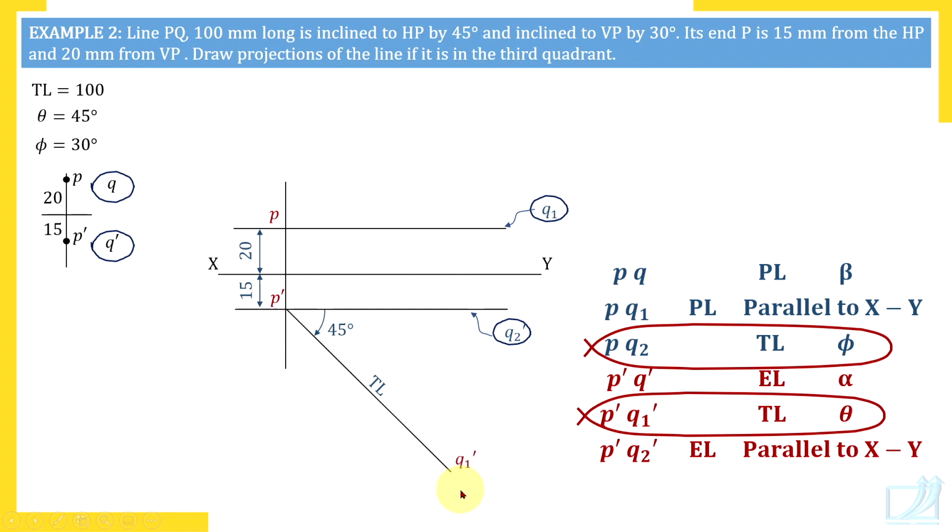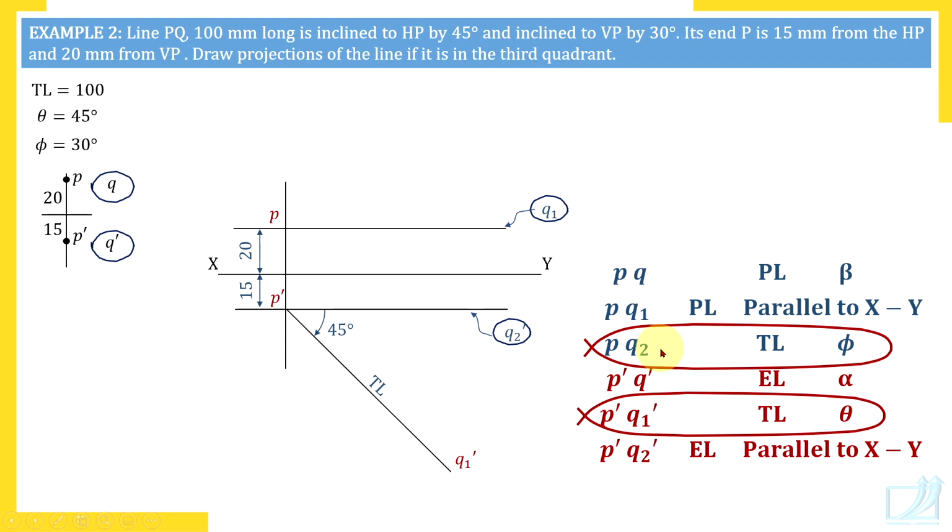This line is P dash Q1 dash. Prompt labeling is very important. If you don't label the points immediately, then you will get totally confused after some time during the construction. Okay, so we have drawn P dash Q1 dash. That is what I told you, that since true length and theta are given, directly by measurement we have drawn this line.